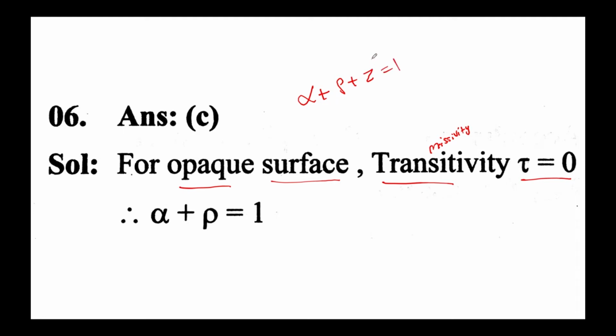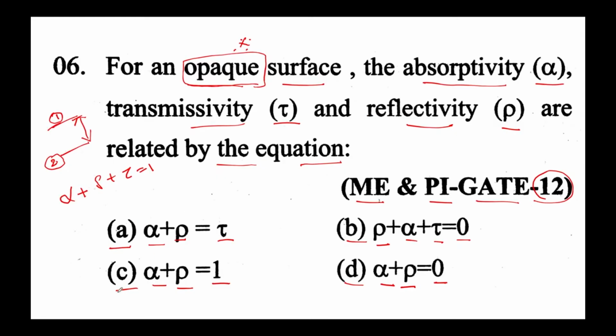Since for an opaque surface there is no transmissivity, the sum of the other two terms should be equal to 1, which is absorptivity plus reflectivity. So this is the answer we are arriving at, and if you get back to the options, option C is the correct answer. Hope you have understood this.